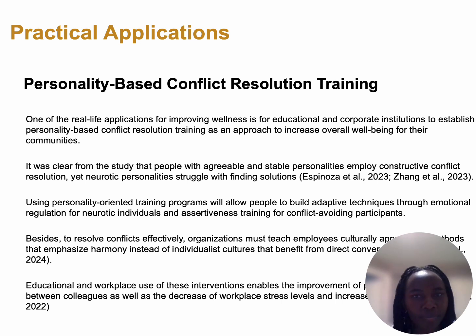Now, using personality-oriented training programs will allow people to build adaptive techniques through emotional regulation for neurotic individuals and assertiveness training for the conflict-avoiding participants. Besides, to resolve conflicts effectively, organizations must teach employees culturally appropriate methods that emphasize harmony instead of confrontation, while individual cultures that benefit from direct conversations should be accommodated. Zhong et al. 2024.